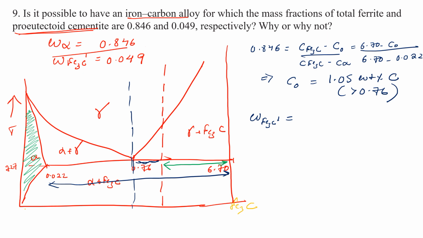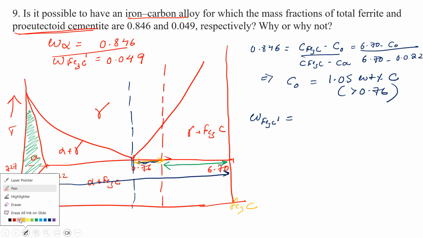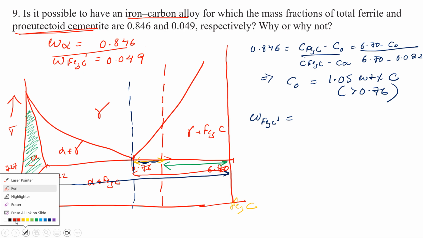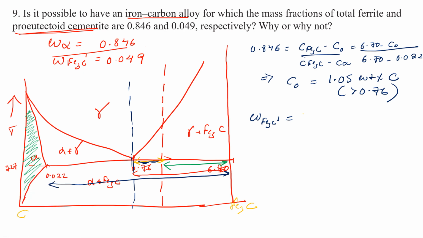The arm that is away from the cementite phase is this, and if we divide it by the total arm length from the pearlite phase, from here, that should give me the mass fraction of the pro-eutectoid cementite.